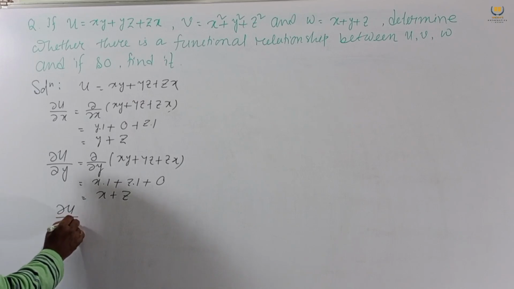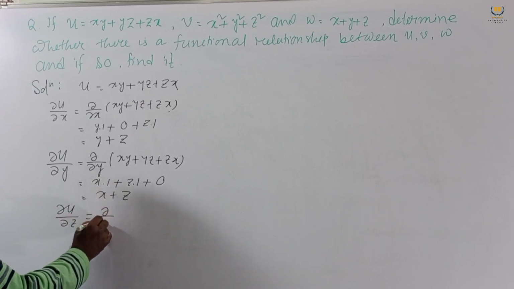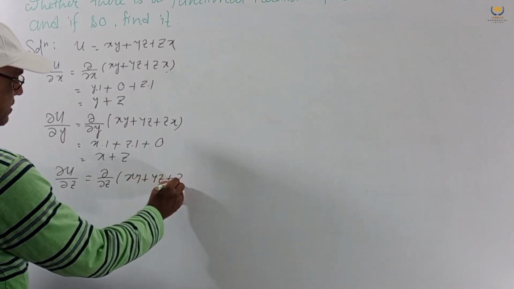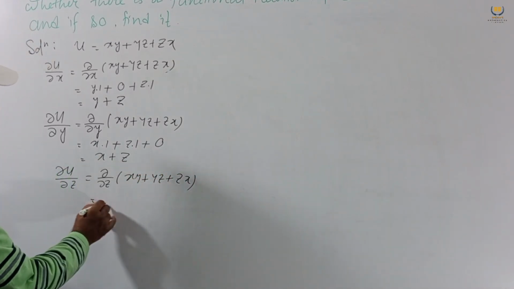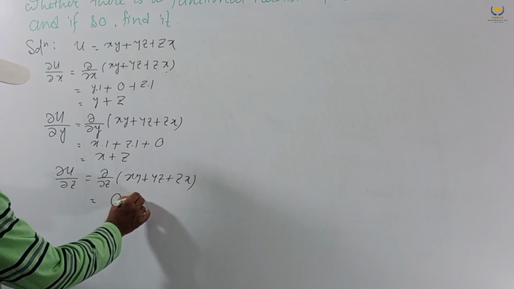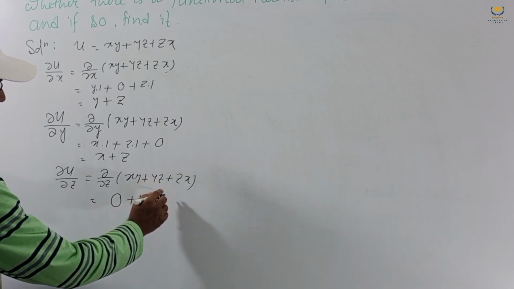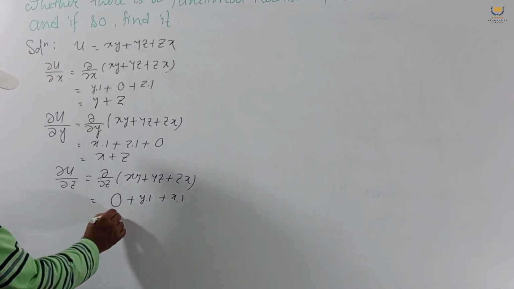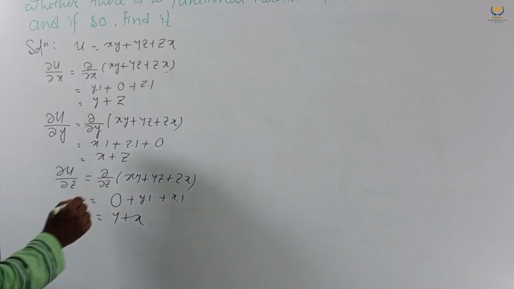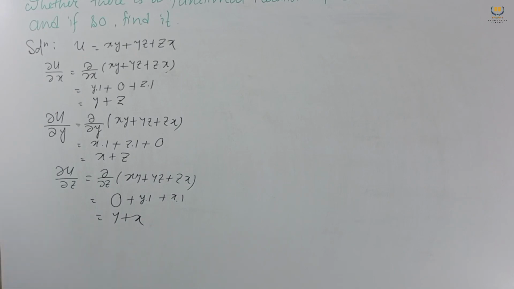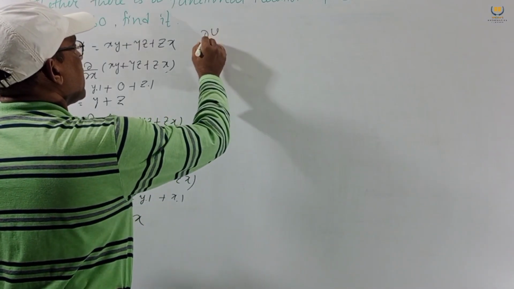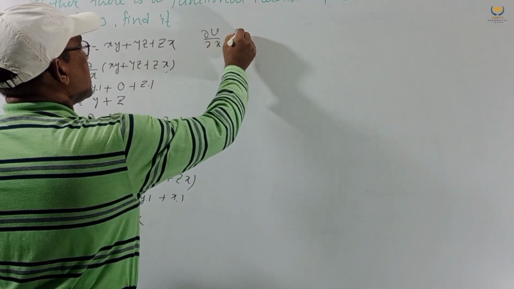Del u by del z: xy plus yz plus zx, this is 0, y is constant, del z is 1, x is constant, del z is 1. So this is y plus x we get. Del u by del z is this. Now we find del v by del x.